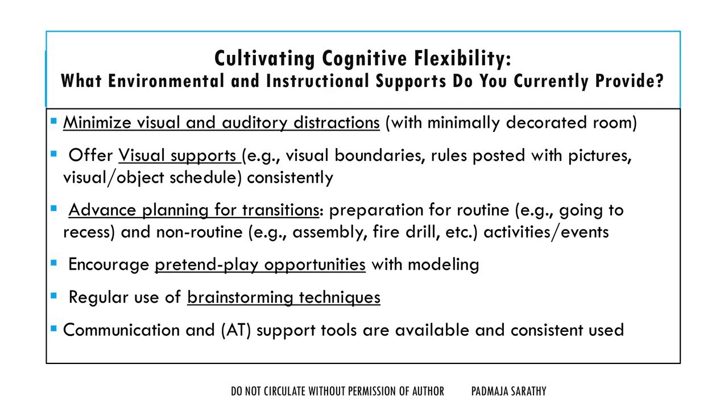Do you offer visual supports, visual boundaries, rules posted with pictures, a visual object schedule consistently to help children? Do you prepare children for transitions, especially those transitions that are not part of the routine? A transition that's not part of the routine is a fire drill or an assembly.